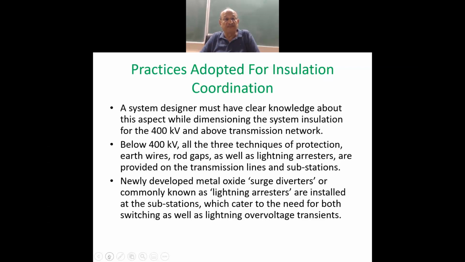In the transmission line, the insulation is the insulator string.